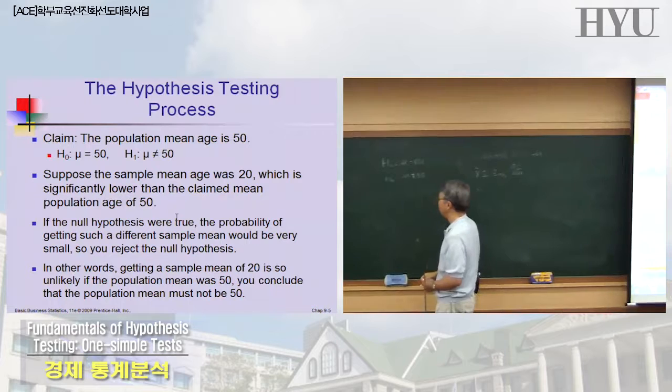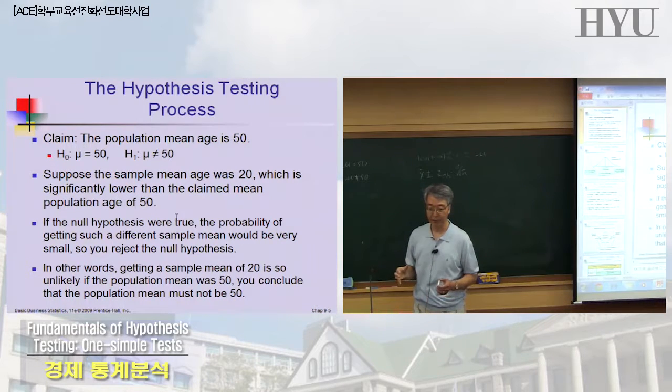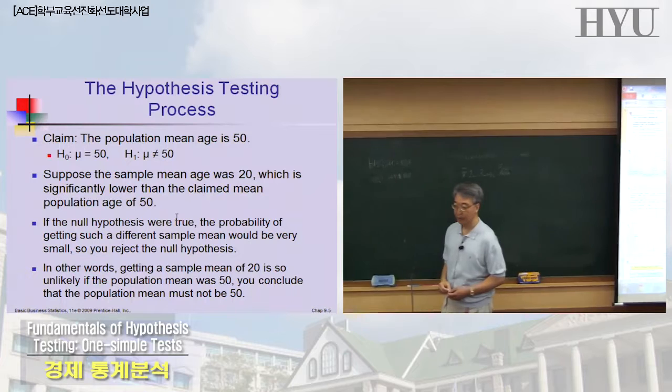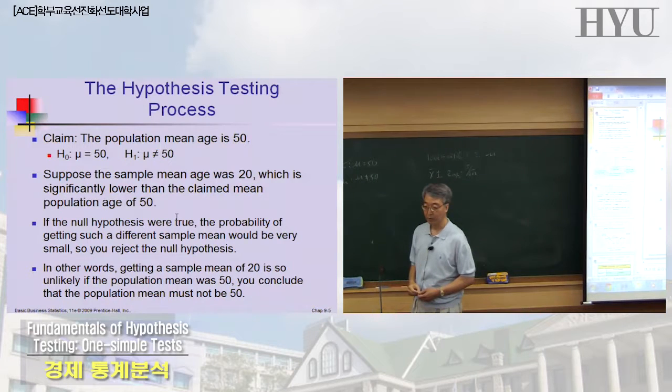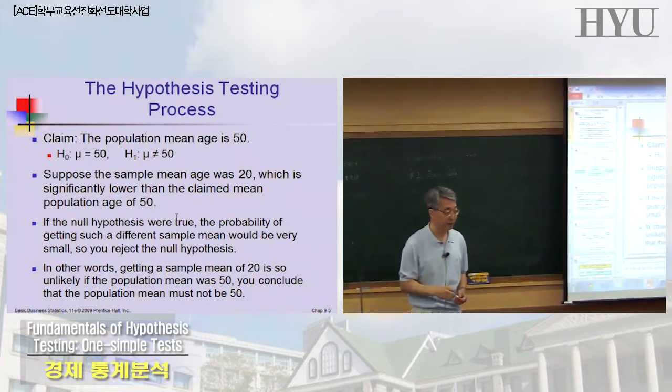If you make the decision based on the sample mean, then you will probably have to reject the null hypothesis, because 20 is just too far away from 50. That's the very simple and rough idea about hypothesis testing.